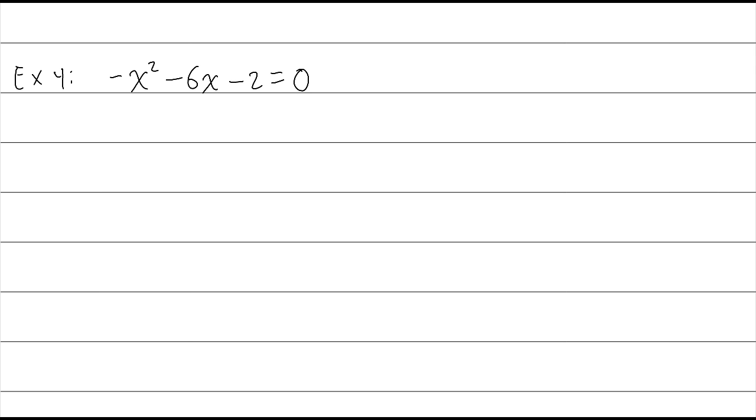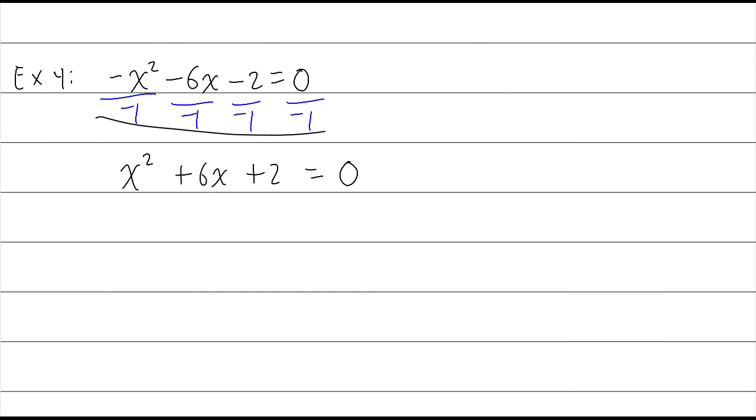Now again, you may want to save yourself some trouble and make this positive. So divide everything by negative 1. Again, I like that first one to be positive. It's just a preference that I have. Okay, it's legal because I did it to everything. All right, so a is 1, b is 6, c is 2.